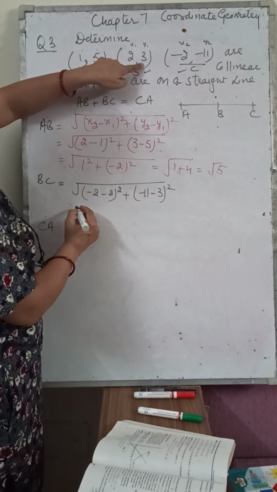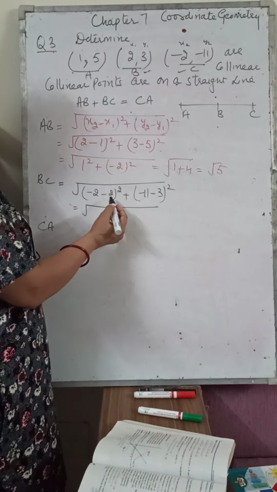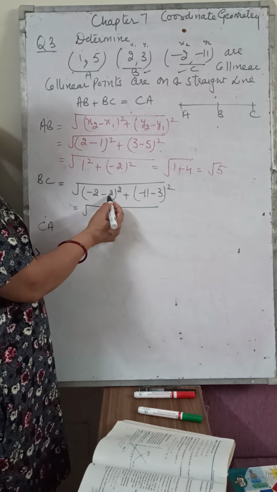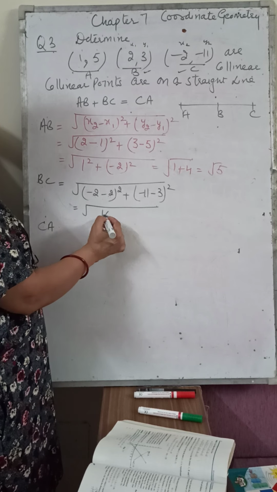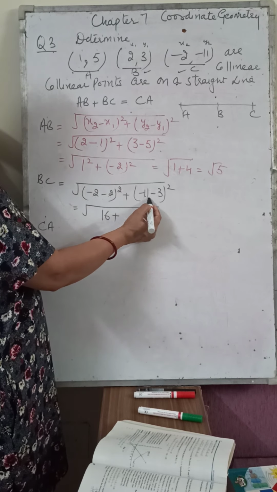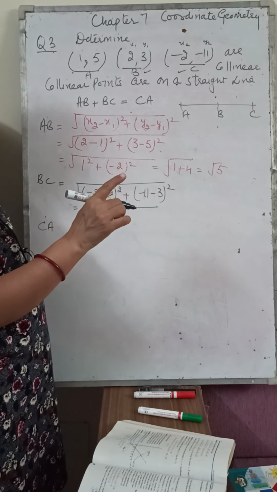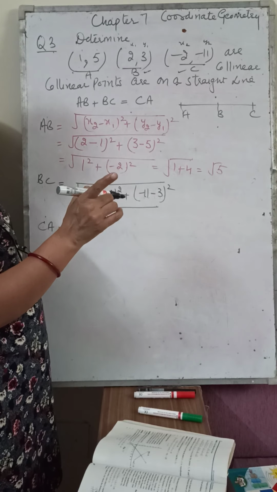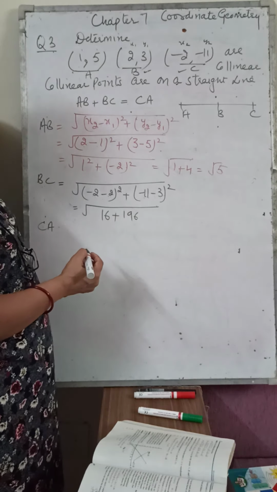Clear? It comes out to be root minus 2 minus 2, minus 4, minus 4 whole square, 16, plus minus 11 minus 3, minus 14, minus 14 whole square, plus 14 square is 196.